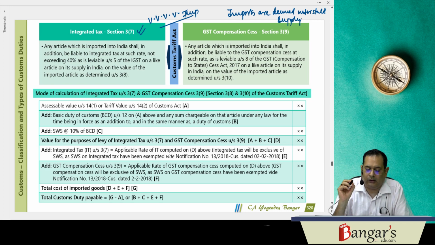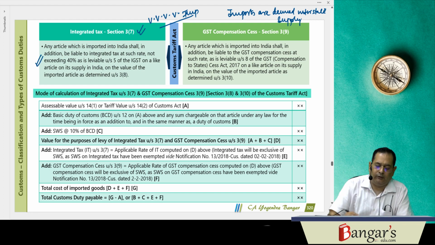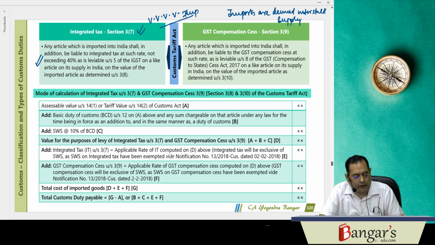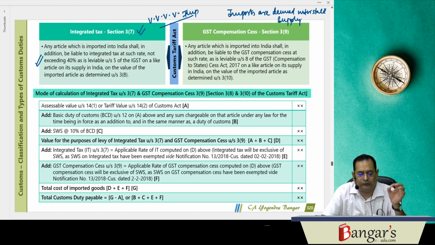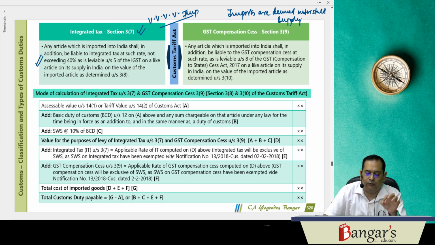So any article which is imported into India shall in addition be liable to integrated tax at such rate not exceeding 40%, as is leviable under section 5 of the IGST Act when such article is supplied in India, on the value which will be determined under section 3(8).